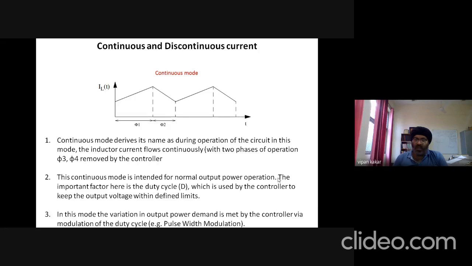The discontinuous mode is normally used for low power applications or where power savings are required. In this case, we use this continuous mode of conduction in normal power operations, where savings in power are not critically important, like in microgrids, power grids, electric trains. So we can use continuous mode of conduction.